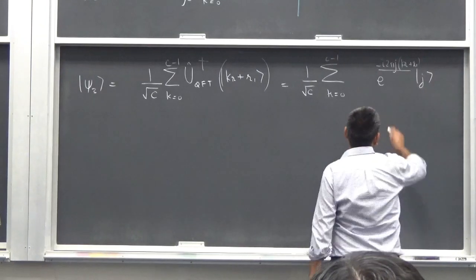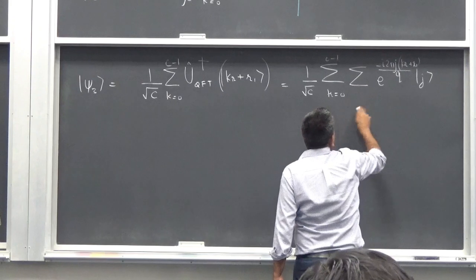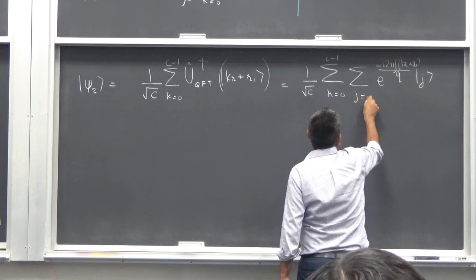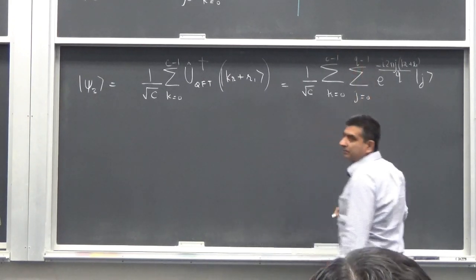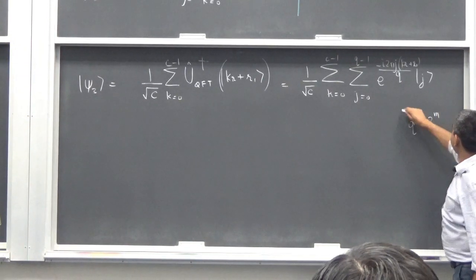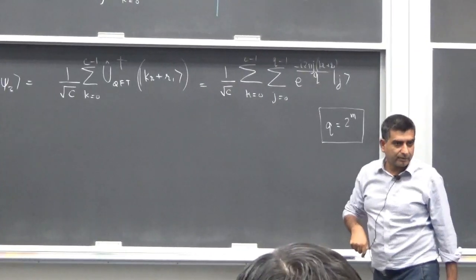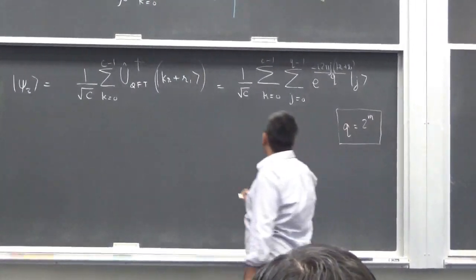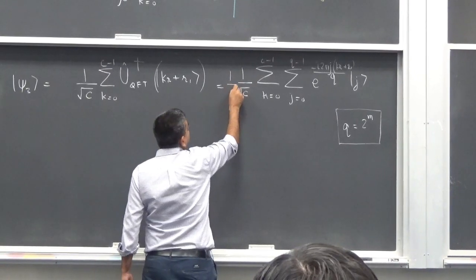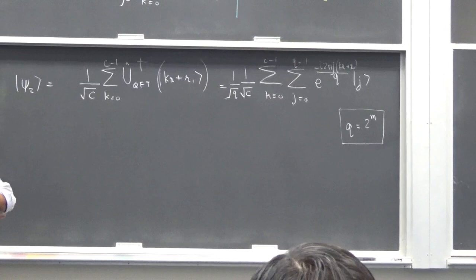So I sum over all the j's from 0 to q minus 1, where q is 2^m. I also need to normalize, and the number of terms is q. So this is my inverse quantum Fourier transform.